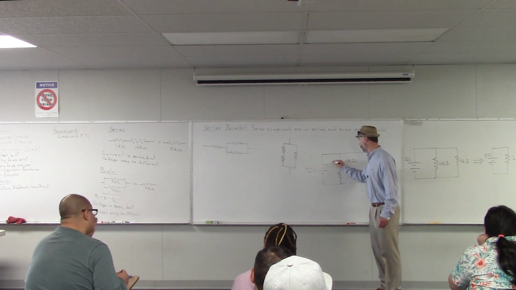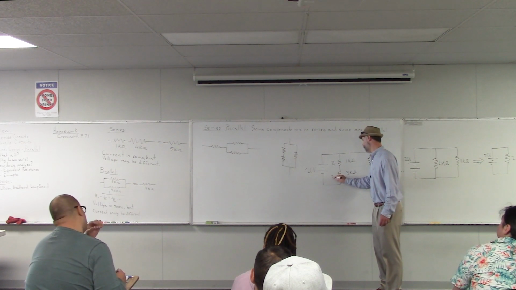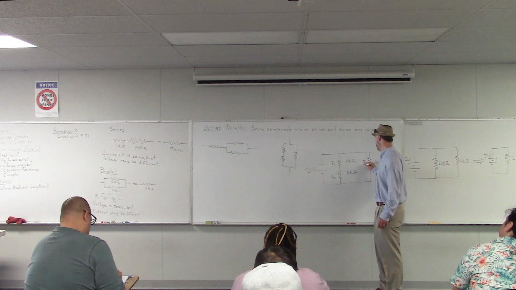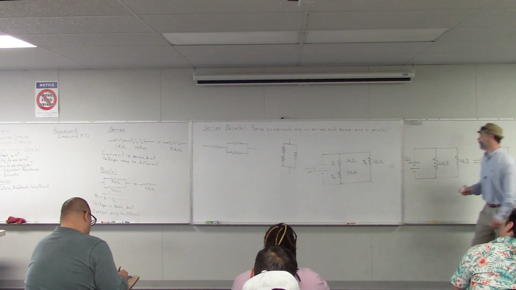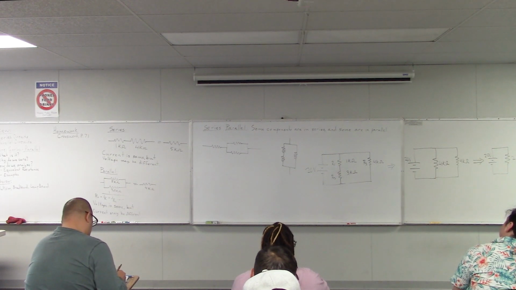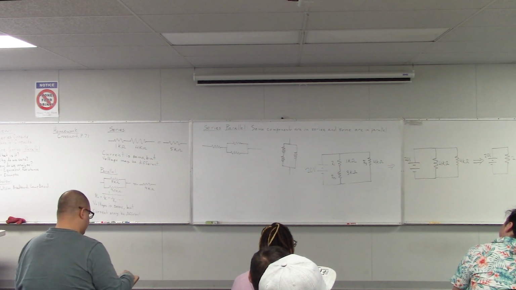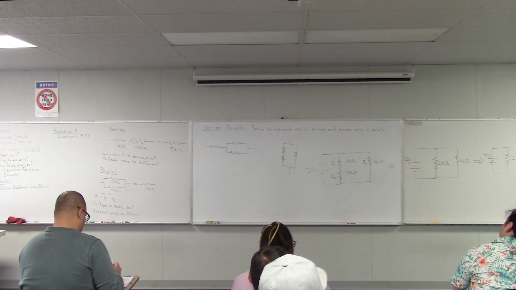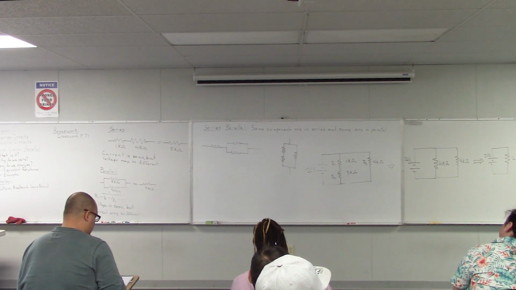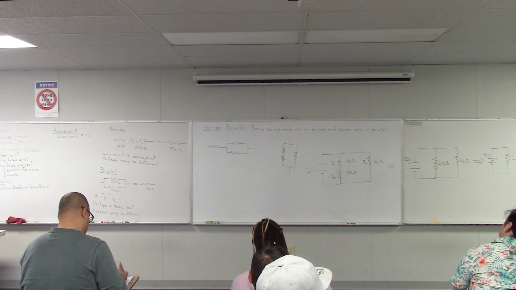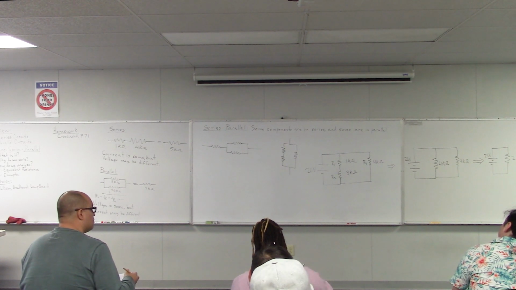So we could call this R1, R2, and R3 here, and say we wanted to find everything we wanted to know about this circuit. So we could say that we wanted to find the total voltage, the total resistance, and then the total current, and then the voltage for R1, R2, and R3.